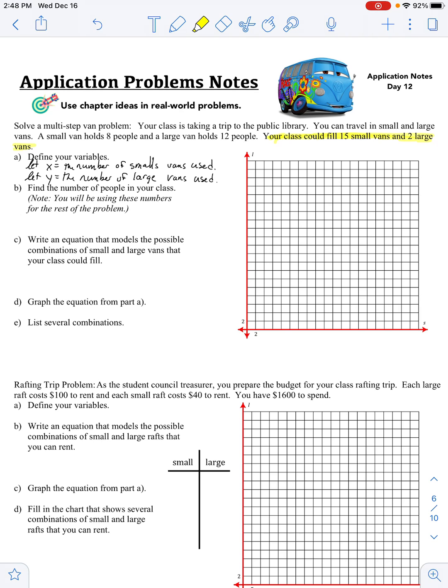So if we know that our class could fit into 15 small vans, that would be 15 multiplied by 8 people per small van, which is 120 people fitting in those small vans.